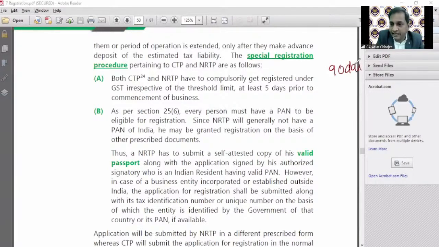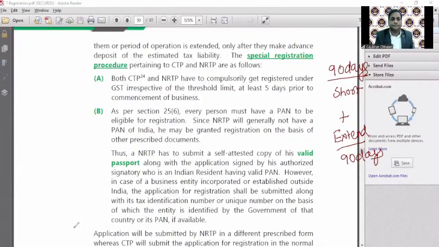Third point, they can make an application for a maximum of 90 days. So if I am a casual taxable person for Delhi, I can make an application only for a maximum of 90 days, or I can select a shorter period also. Plus, I can further extend by another period of 90 days. After that, it is not possible. This point is the same for both casual taxable person and non-resident taxable person.